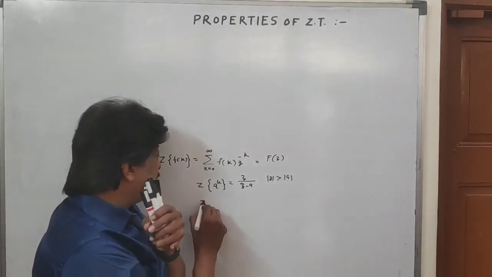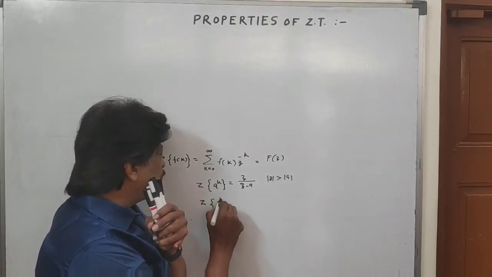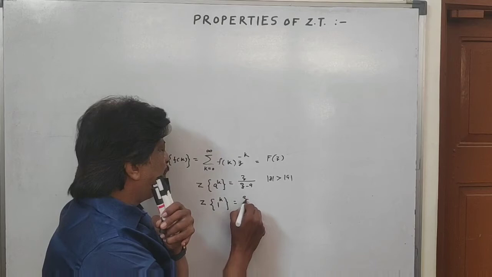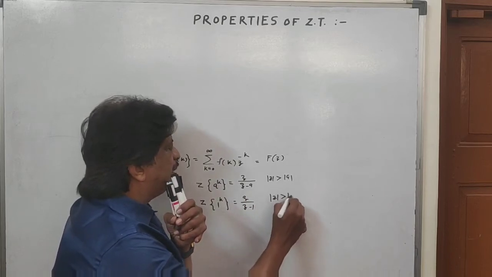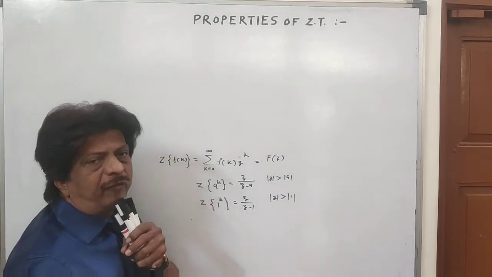We have also seen the Z transform of 1 raised to power k is z upon z minus 1, mod of z greater than mod of 1.